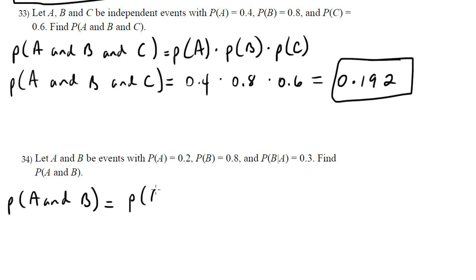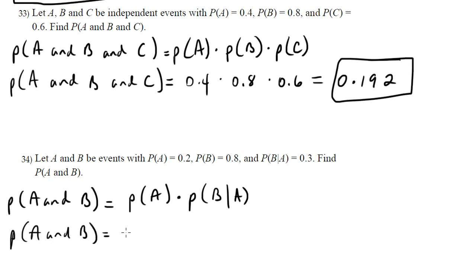Probability of A and B is the probability of A times the probability of B given A. So the probability of A and B is the probability of A, that's 2/10, times the probability of B given A, that's 3/10. So this probability is 0.06, 6 hundredths. And that's those.